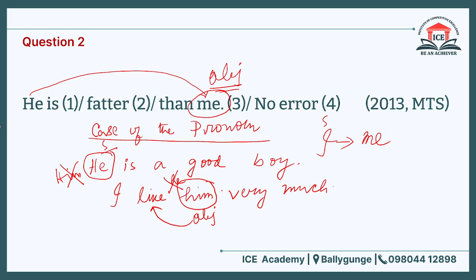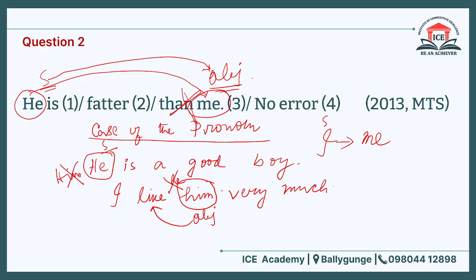Now, grammar says he is the subjective case. So in this sentence, a subjective case pronoun or nominative case pronoun is compared with an objective case pronoun, which is grammatically incorrect. You cannot compare a subjective case pronoun with an objective case pronoun, and that's why the sentence contains an error in the third part.